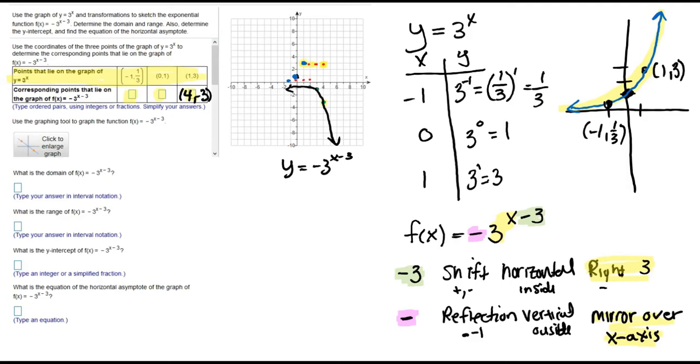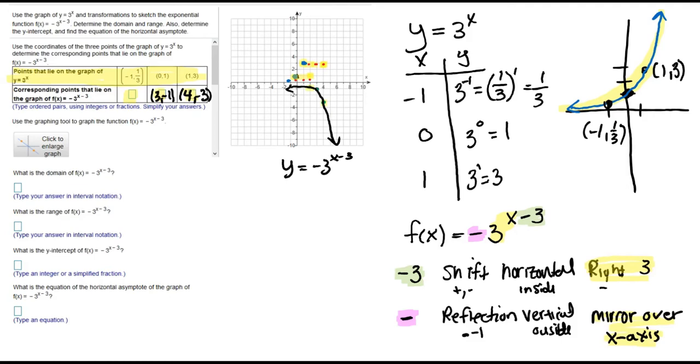So let's talk about the point 0, 1. 0, 1 got moved to the right 3, so it was at 0 and moved to 3. That x value changes to 3. And that point was 1 above and reflected to be 1 below. So now the y-coordinate is -1.